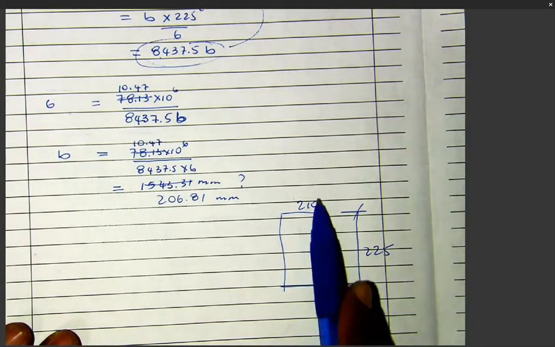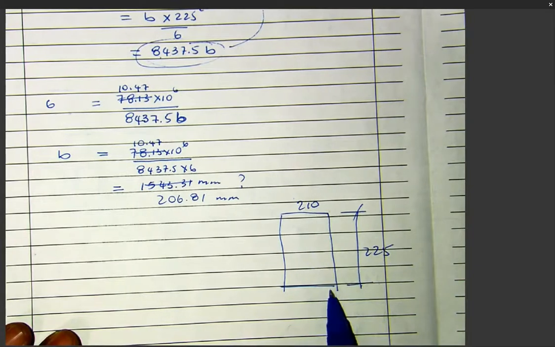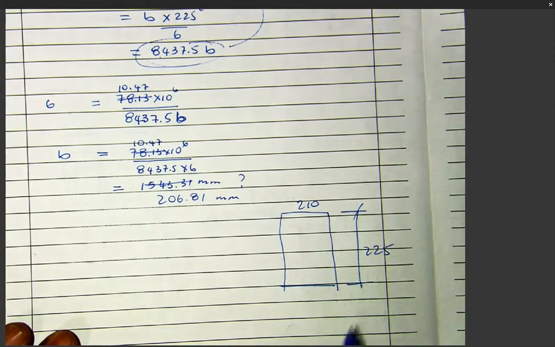So I reduce that and give it a little bit of depth, maybe 150 by 250 millimeters. But the concept, I think you've got the concept, guys. The most important thing is to know how to work out the bending stresses for the beam.